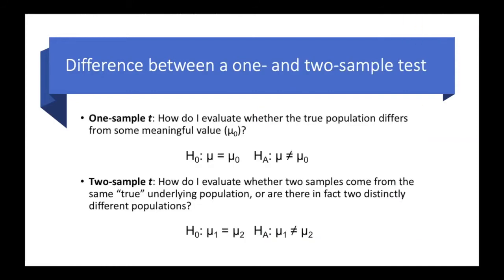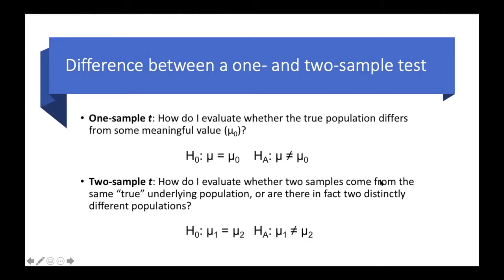Now, one important difference between a one sample and a two sample test is that in a one sample test, we're trying to test the hypothesis that the true population differs from some meaningful value or standard. So our null hypothesis then is that the population mean is equal to some standard, and our alternate hypothesis is that that population mean is different from that standard.